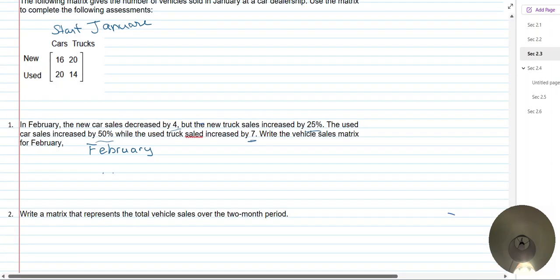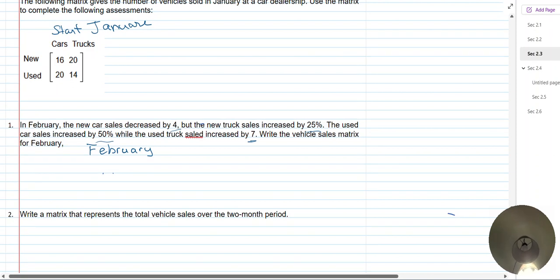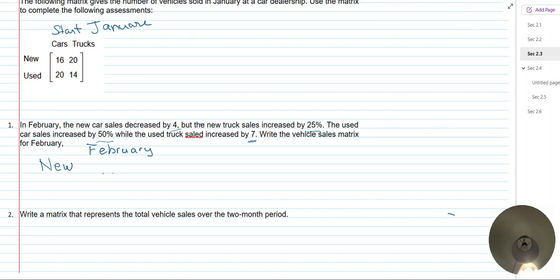In February, we have new cars and used. So here we go. The new car decreased by 4.